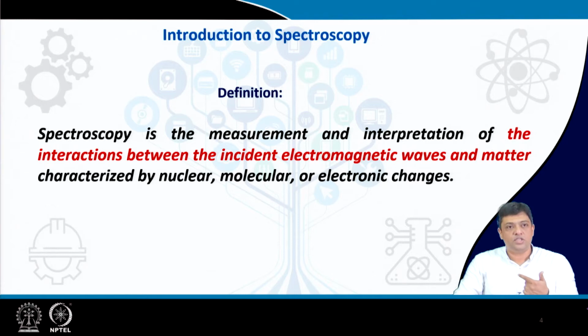So, in spectroscopy, you are analyzing the interaction between the electromagnetic waves and matter, characterized by changes which can be at the nuclear level, the molecular level or at the electronic states. So, this is what we are going to understand now.